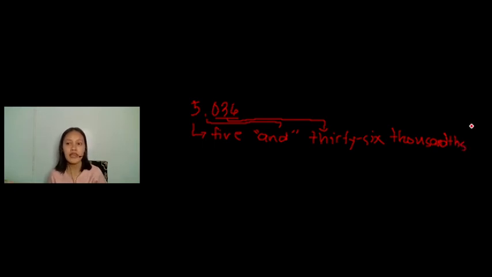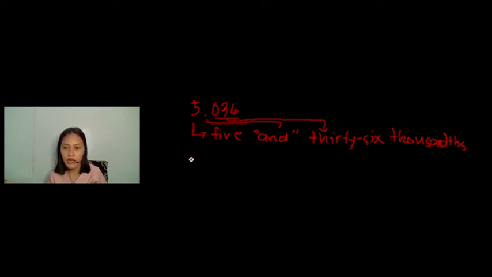So, 5 and 36 thousandths. It is like you separate the conversion. You convert the whole number into words, how you read it. And then, the decimal point, read it as "and." And then, the decimal numbers, read as if you're reading a whole number plus the place value of the last digit. So, that is our process.